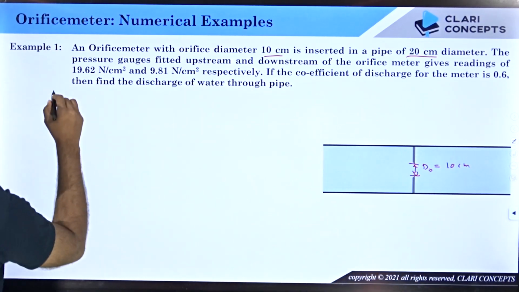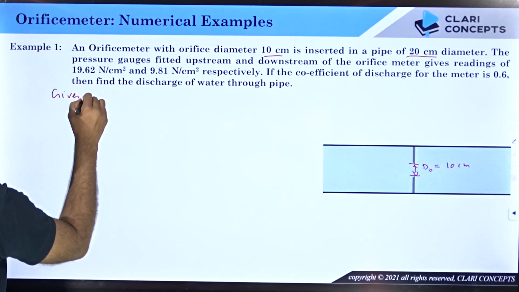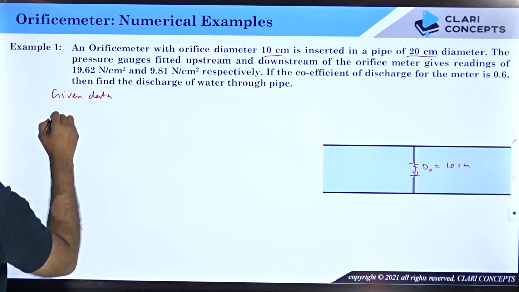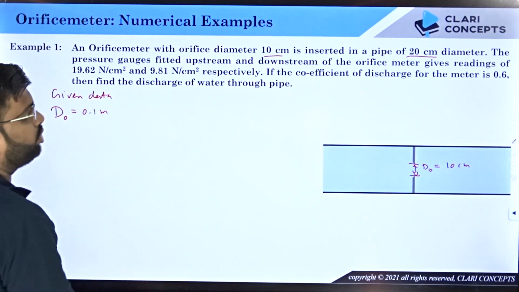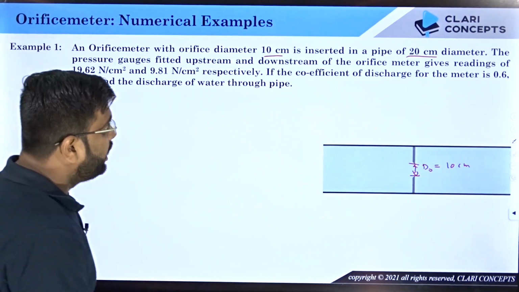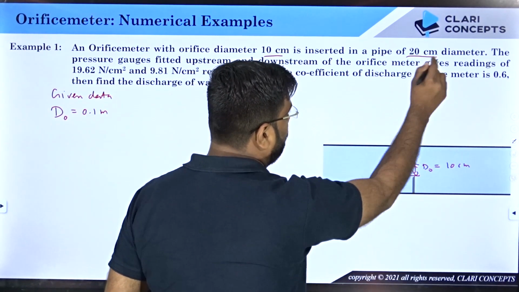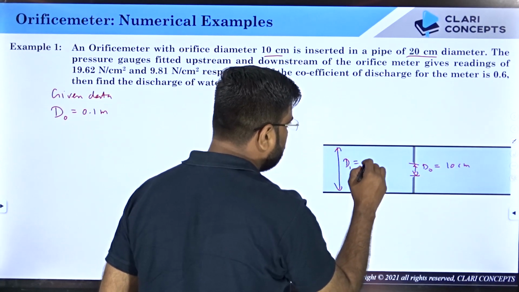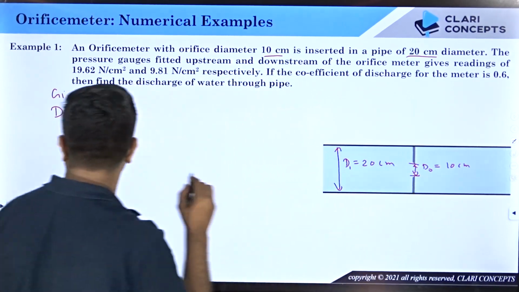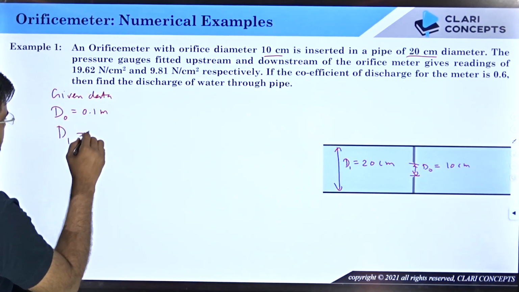So, given data: diameter DO is 0.1 meters, because I will always use values in SI unit. Then the diameter of the pipe D1 is 20 centimeter, which means D1 is 0.2 meters.